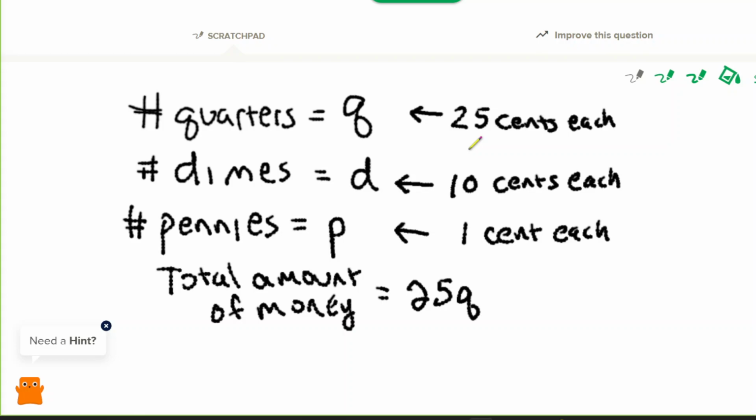If Q were 2, 25 times 2, that's 50 cents, and so on. So it's 25 times the number of quarters. Then we're going to add to that the amount of money from the dimes. Now there's 10 cents a dime, so 10 times D, 10 times the number of dimes would be the amount of money in dimes.